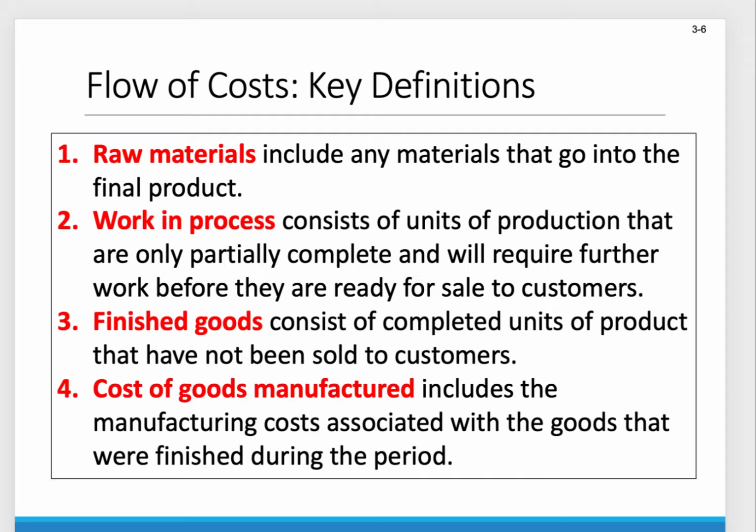So work in process, again, it's a bucket. It holds all the units of products that are only partially completed. Back in chapter 1, I believe, we had an example of a bike, right? We used bike manufacturing as an example. Let's say we have a bunch of bike frames with wheels attached to them. That bike frame and those wheels have a cost, right?